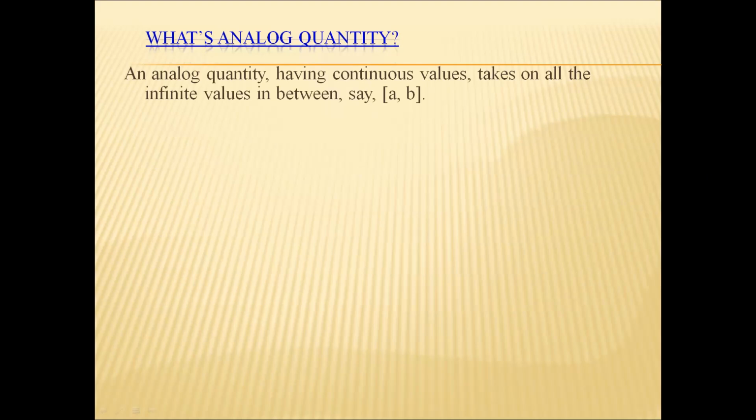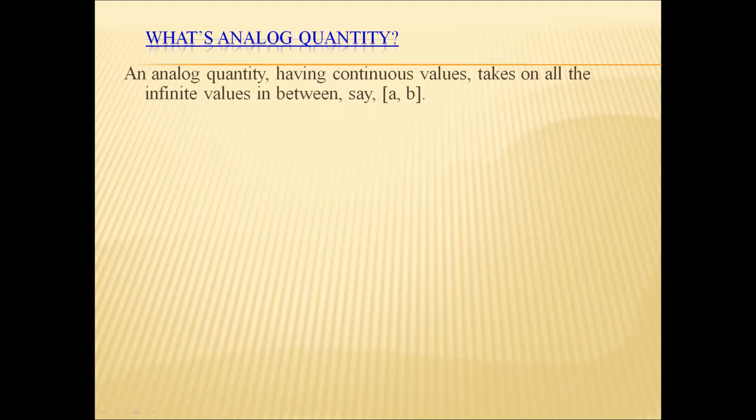So what is an analog quantity? An analog quantity has continuous values, taking on all the infinite values in between, say, A and B. Suppose you are visualizing this analog quantity with respect to time, you have to take the values for each and every moment of time.